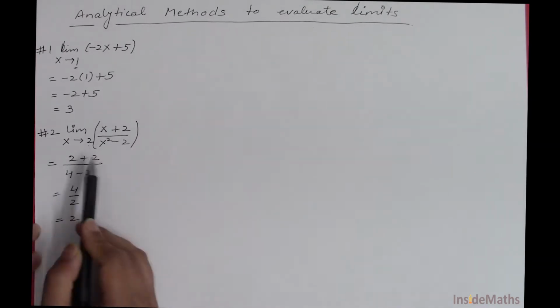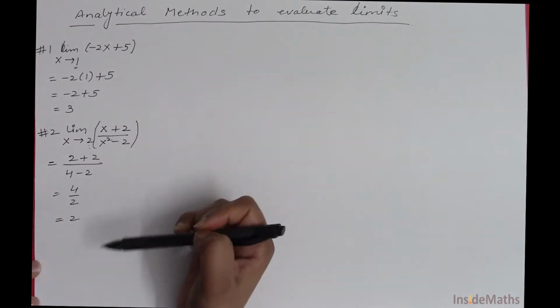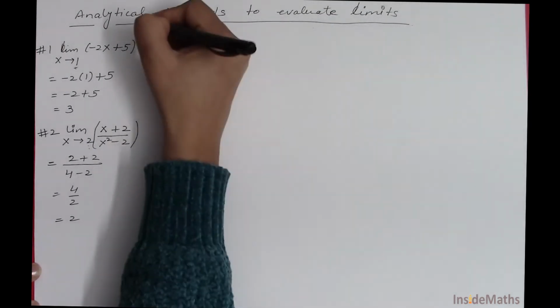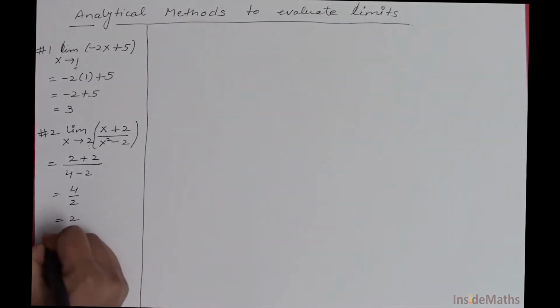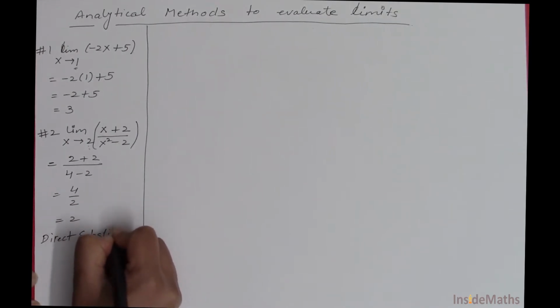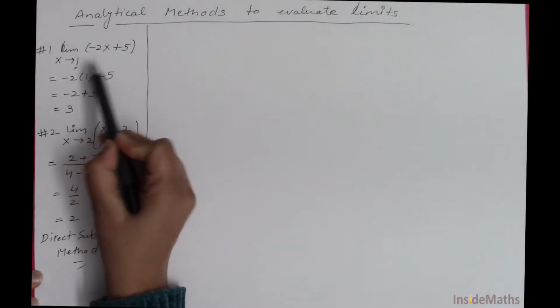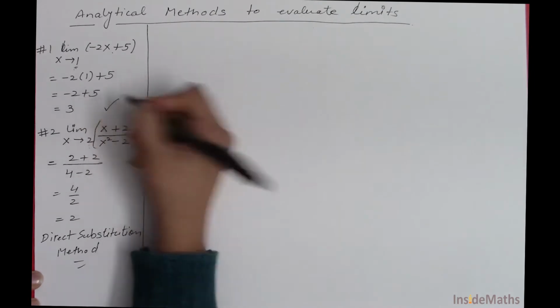Again the function is defined at this point. And this method is called the direct substitution method. Just plug the value into the function and simplify it.